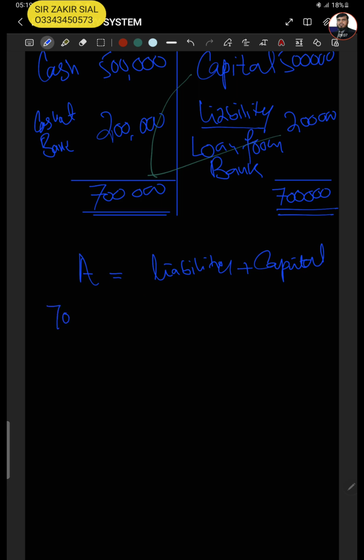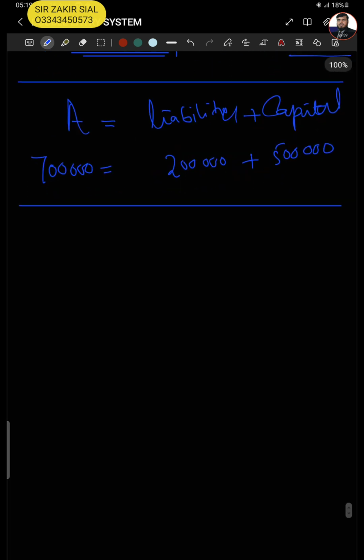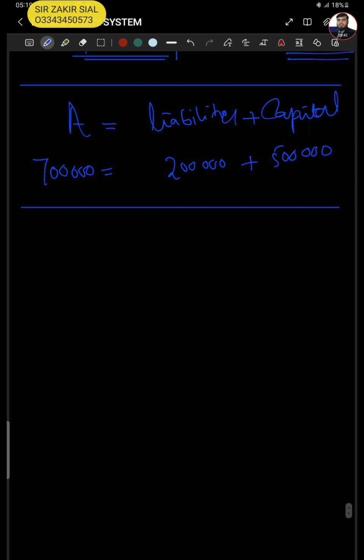Here we can see assets are 700,000, liabilities are 200,000, and capital is 500,000. This is called the accounting equation, also known as the balance sheet. So the assets will always be equal to liabilities and capital. This is only possible if we are following the rules of the double entry system, the rules of debit and credit.